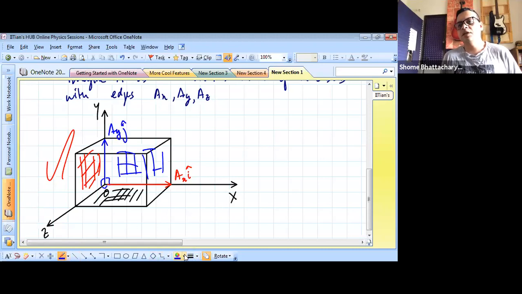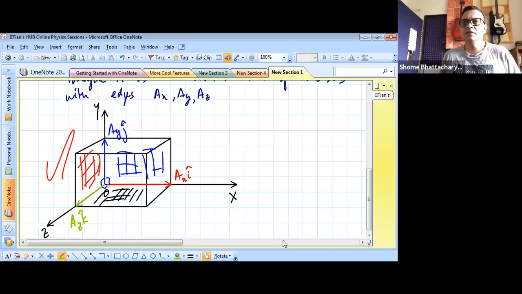And if you visualize this particular side as Ez, this represents Ez k cap. So that's how you can first individually understand the three components: Ex along the x-axis, Ey along the y-axis, and Ez along the z-axis.